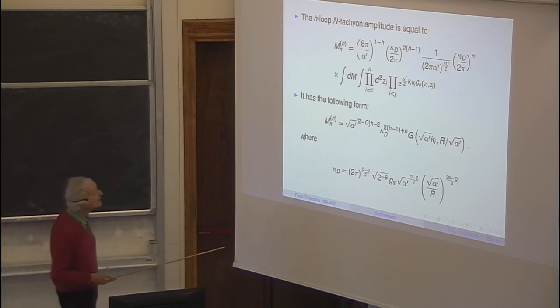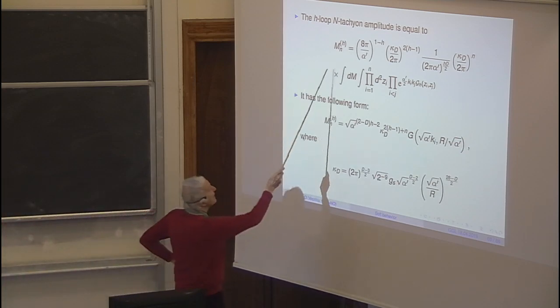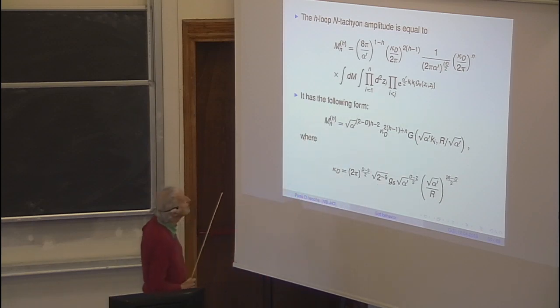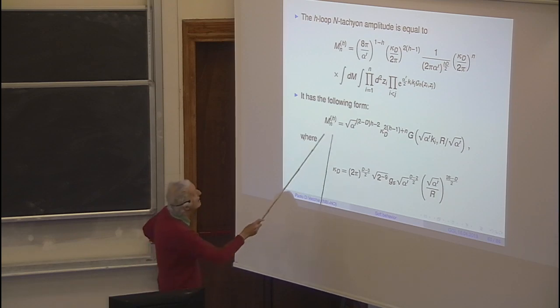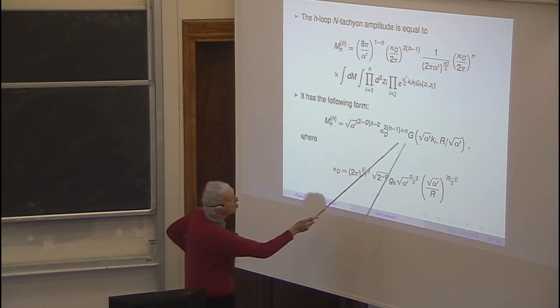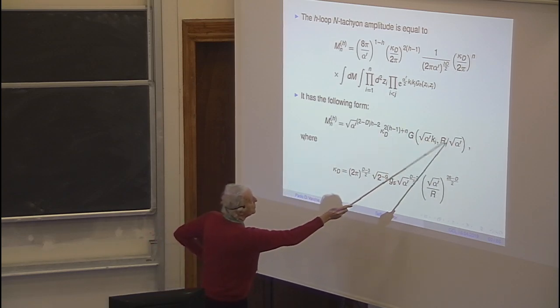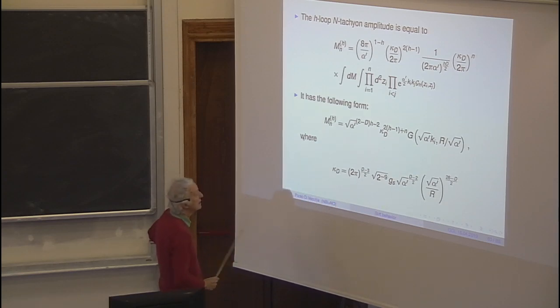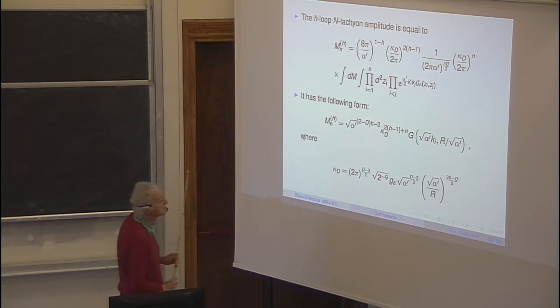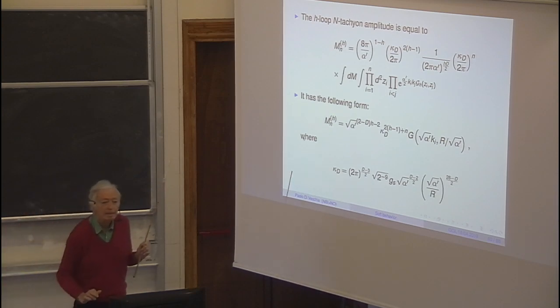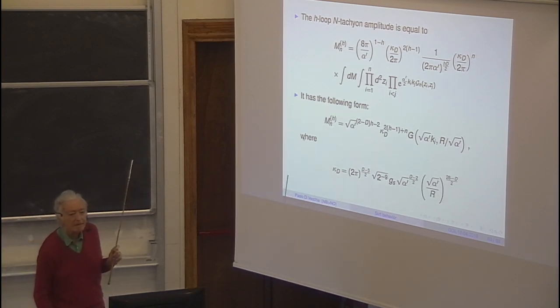So now you can write the h-loop and tachyon amplitude, which is given by this expression. This is the correctly normalized one, and again has the following form. Now you have compactified, so here you also have this ratio, and this is kappa d. So you keep the momenta only in the non-compact direction. The ki are in the non-compact direction.